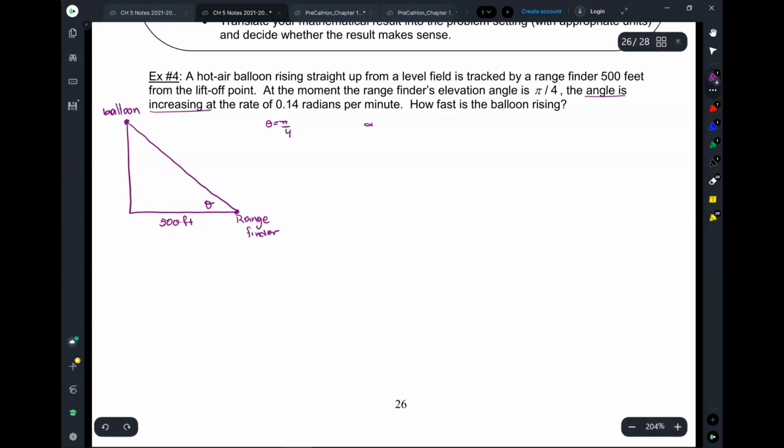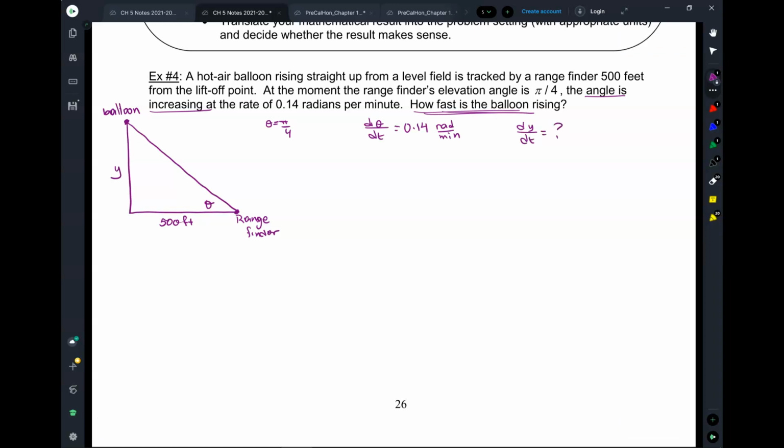That means d theta dt is 0.14 radian per minute, because it's the angle of elevation and it always goes from the horizontal up. How fast is the balloon rising? If this is y, then we want dy dt.